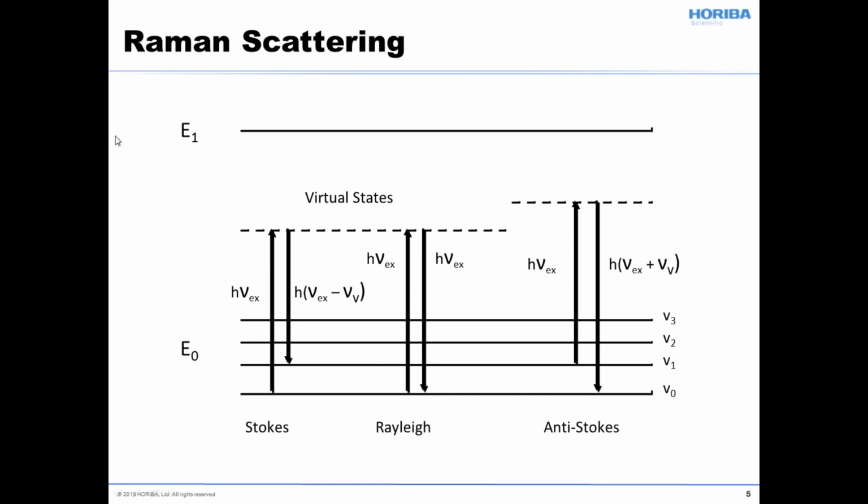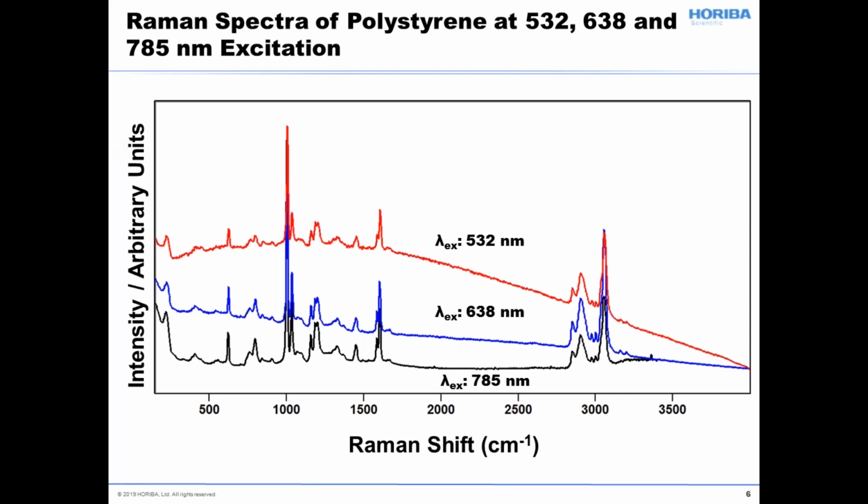So you can use a variety of excitation wavelengths to do Raman spectroscopy, and here is an example of that. So you're looking at 3 Raman spectra acquired from polystyrene at 3 different excitation wavelengths, 532, 638, and 785.